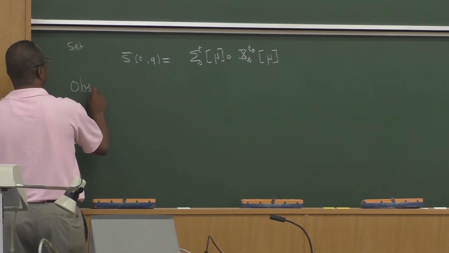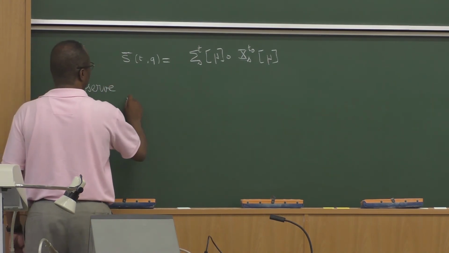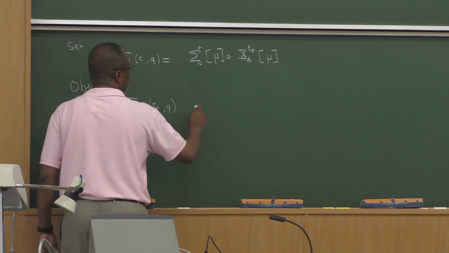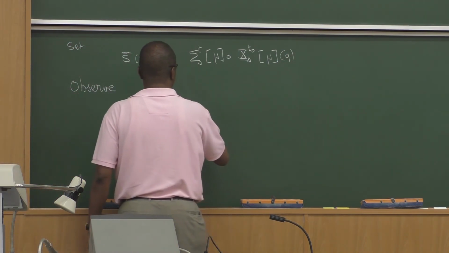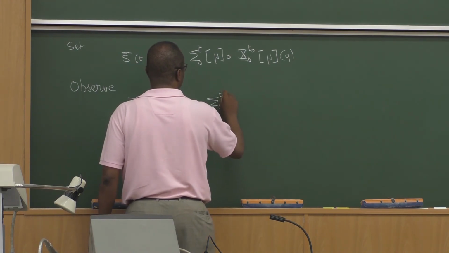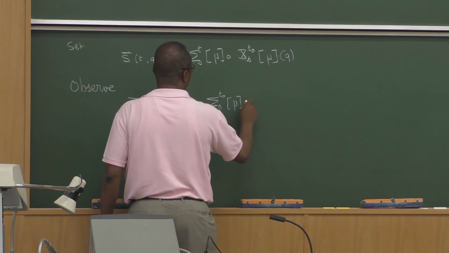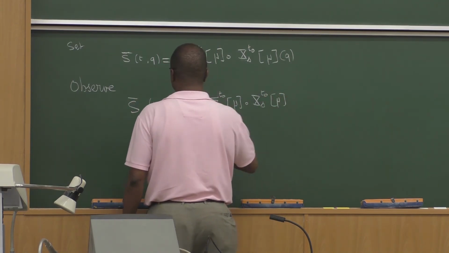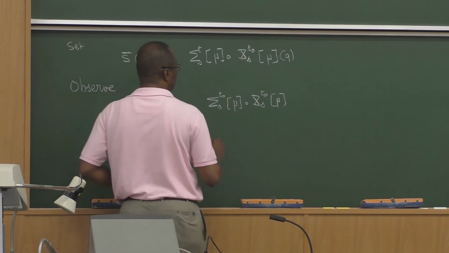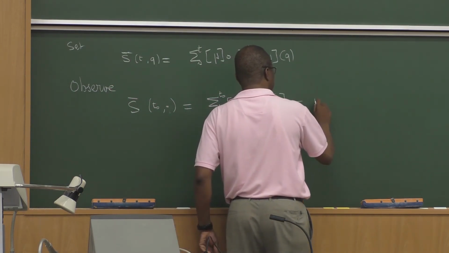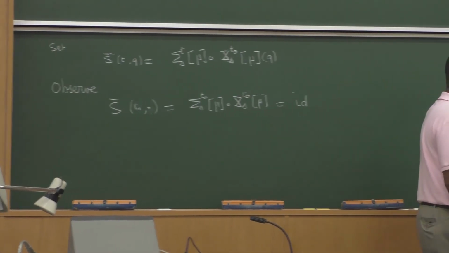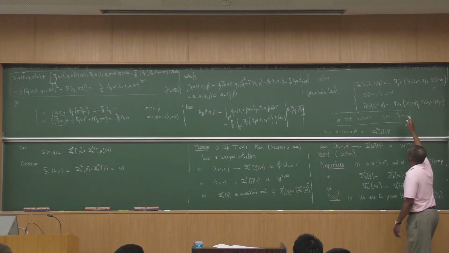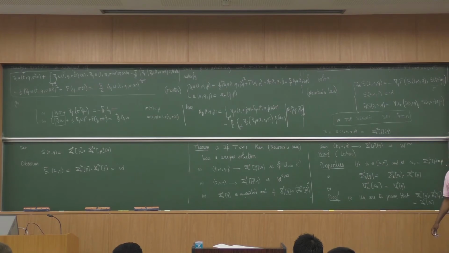Observe that S bar of T naught Q, so this is Q, is sigma S T naught mu composed with S T naught mu. And since these two things are inverse of each other, we get the identity. Okay, so that equation is satisfied.